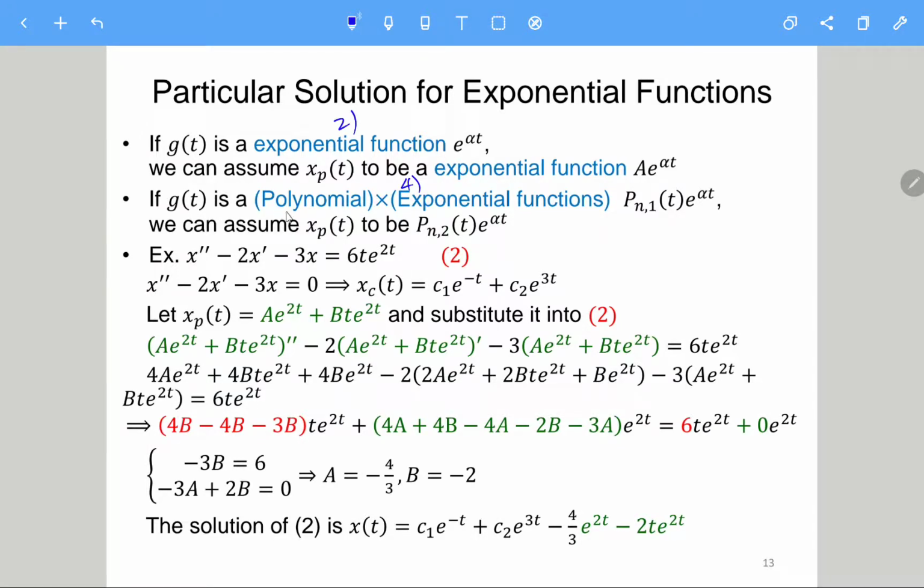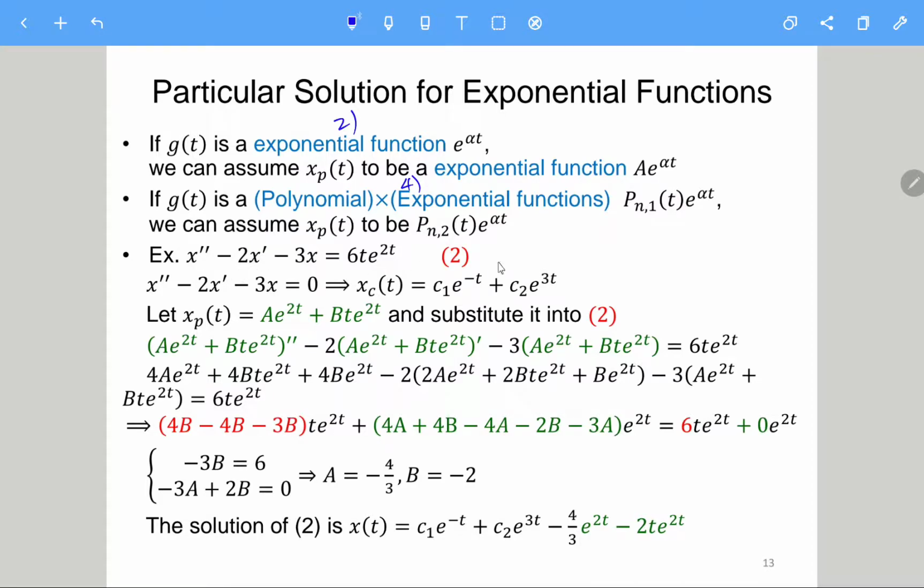If g of t is a polynomial multiplied by an exponential function, like an nth order polynomial multiplied by the exponential function, then we can assume xp to be another nth order polynomial multiplied by the exponential function. So let's see an example.